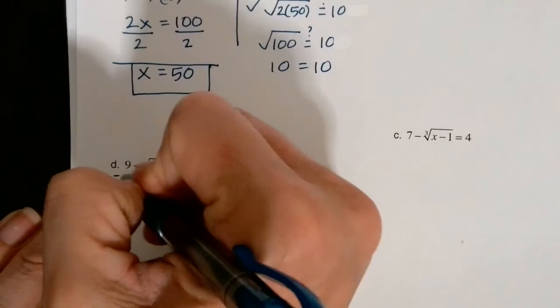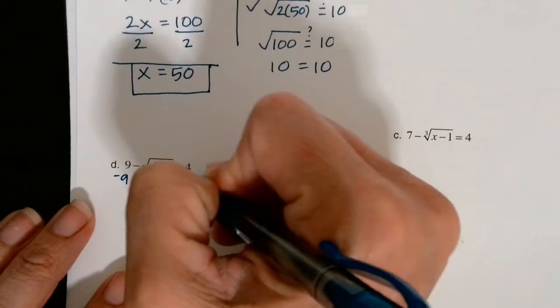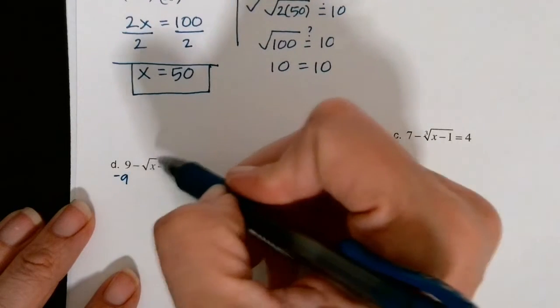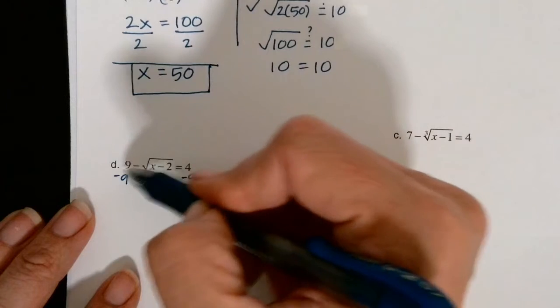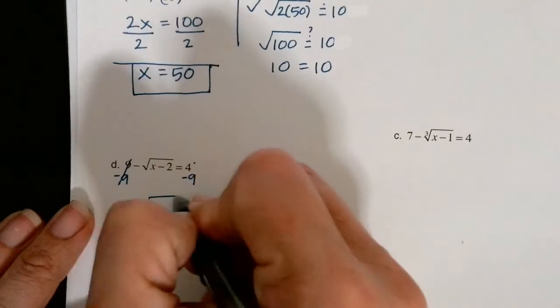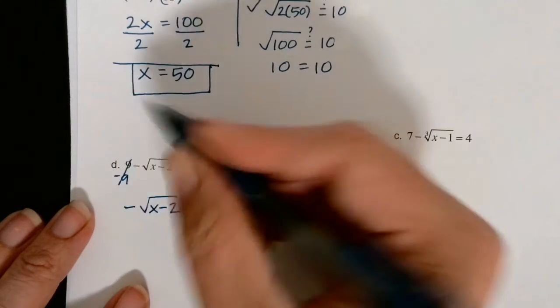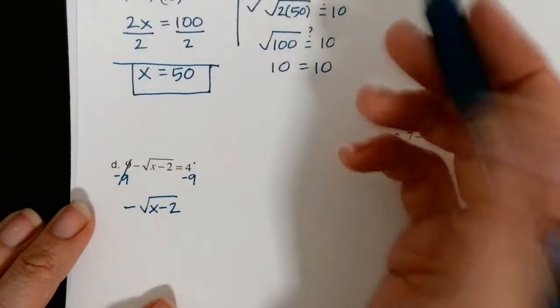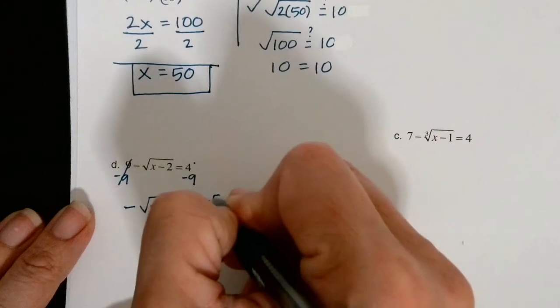So this one, I'm going to subtract 9. So this 9 minus square root x minus 2, this 9 is positive. If I want it to go away, I have to subtract 9. So I end up getting negative 5.